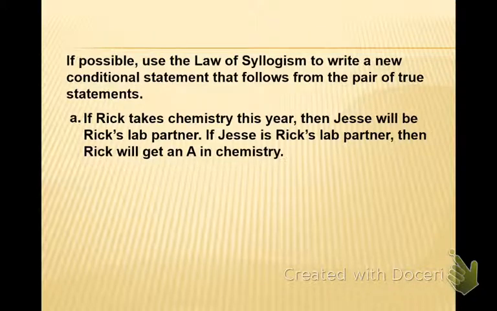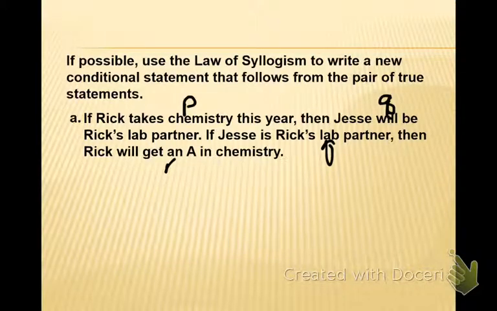If Rick takes chemistry this year, that would be the P. Then Jesse will be Rick's lab partner, which is going to be your Q. If Jesse is Rick's lab partner, that's your Q again, then Rick will get an A in chemistry. There's a new conclusion we can let be R. And we see up there at the top that those two statements are true.